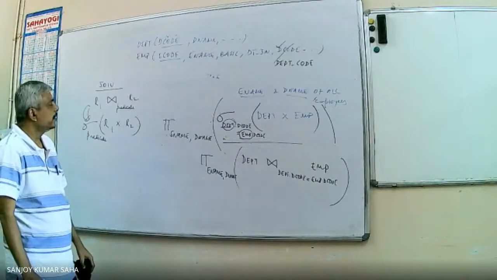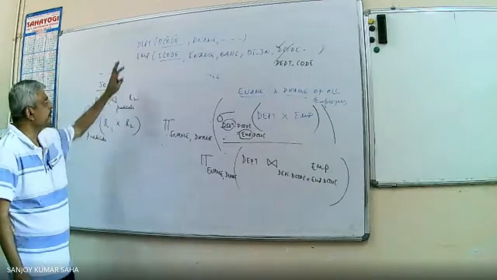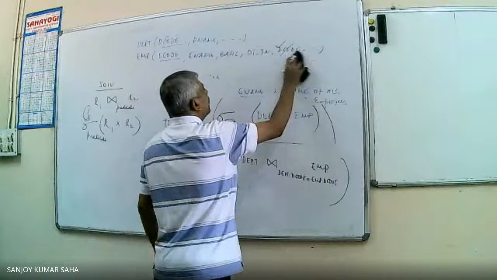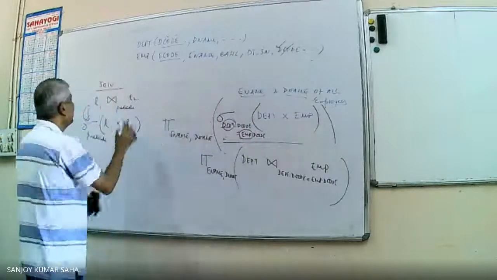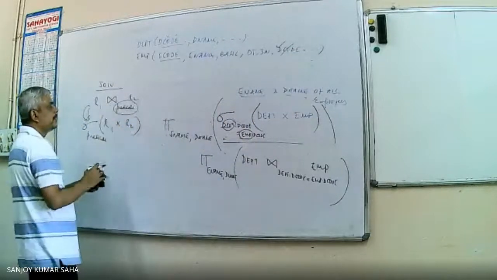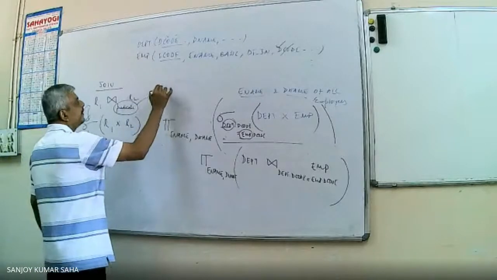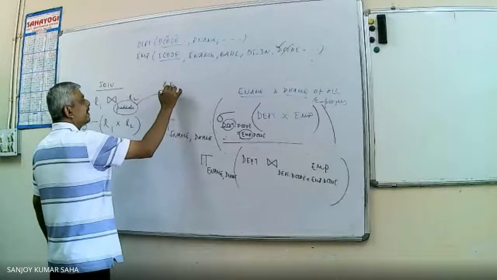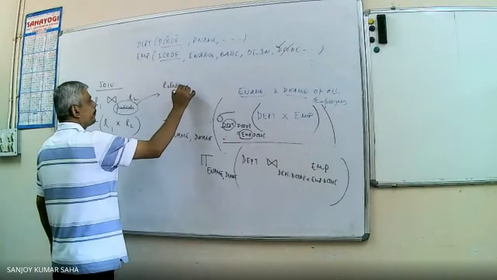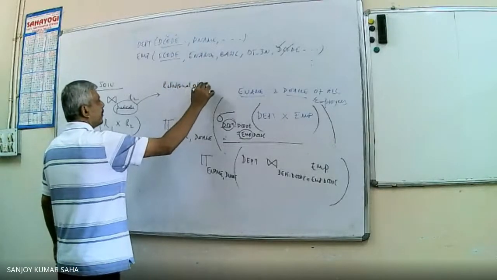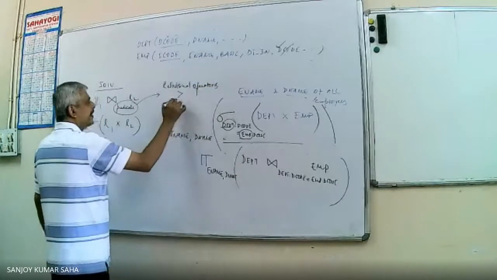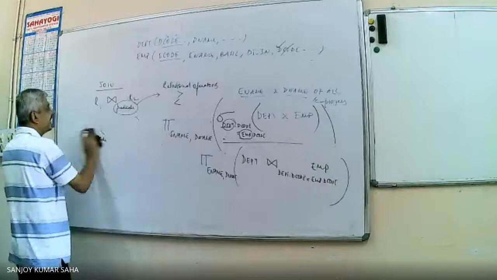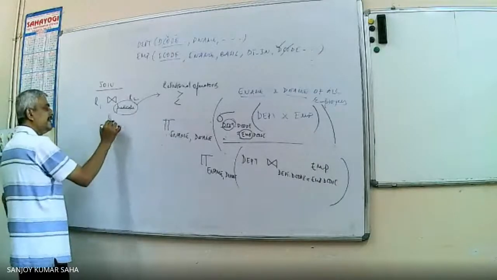Right, now see, the schema is the union of the attributes of the two relations. Now, in this predicate, we may use certain relational operators, greater than, less than, etc. So in general, we say that this is theta join.